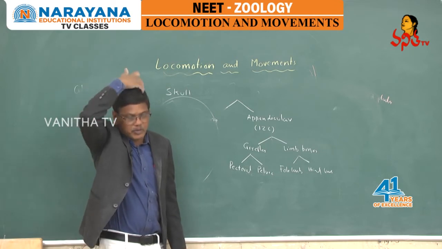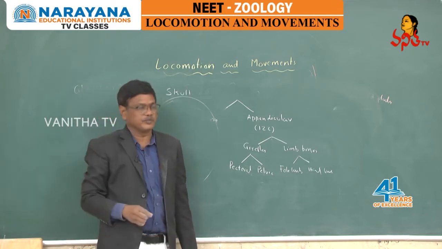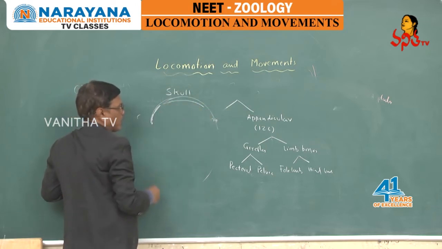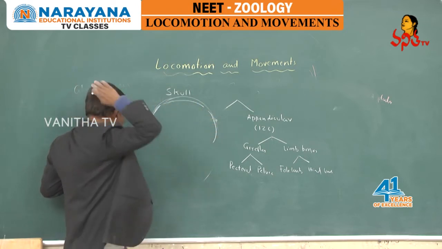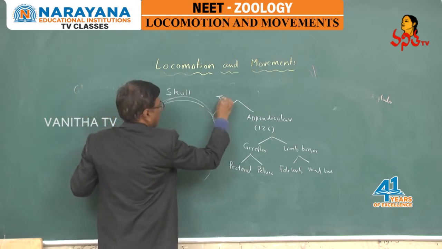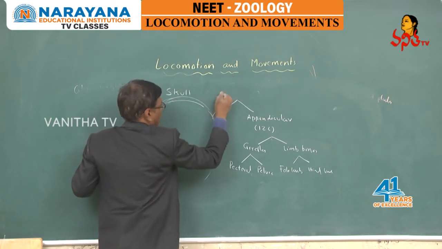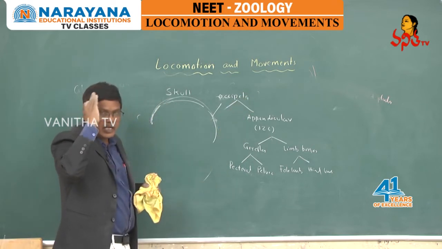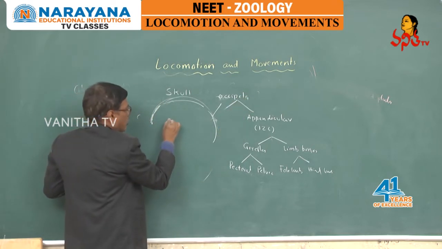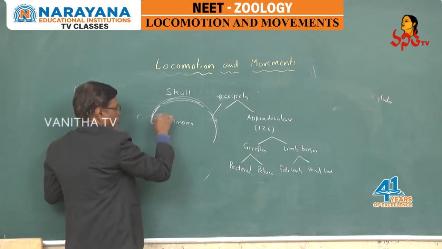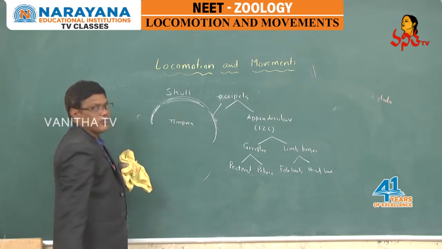The roof of the cranium is formed by 2 parietal bones, and the posterior back is formed by the occipital bone. The two lateral sides of the cranium are formed by the temporal bones. So roof, front part, lateral parts, anterior and posterior.